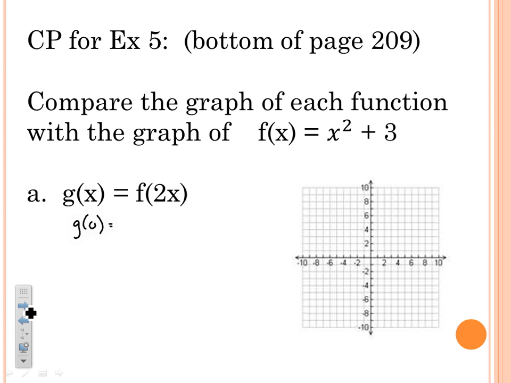my f of x equation is x squared plus 3 for this one. So if I've got f of 2x, that means I want to put 2x in for every x in the f of x.